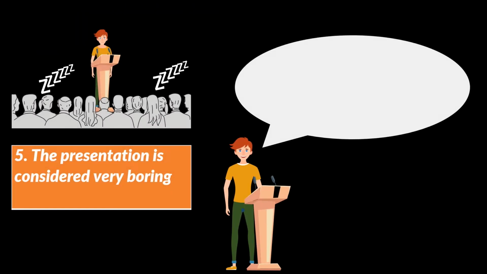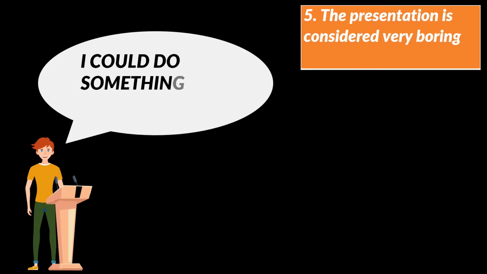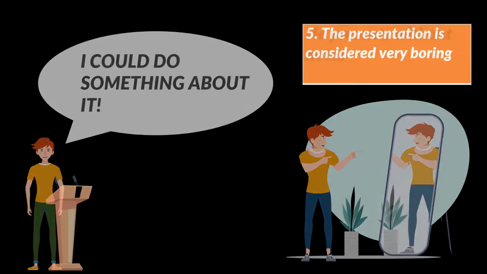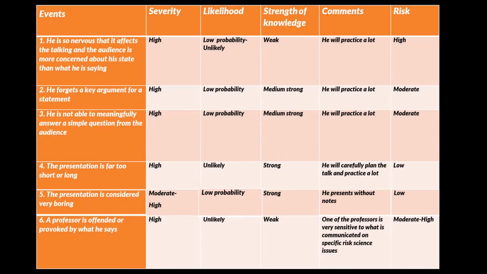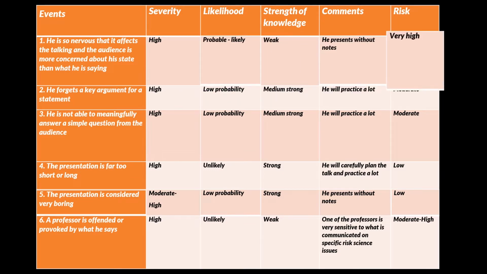For example, he could simply accept the risk related to event 5, but he could also try to do something about it. Practice so much that he could talk without notes. Then this particular event would no longer pose a severe risk. However, this could affect some of the others. Presenting without notes could make him more nervous, thereby affecting event 1.